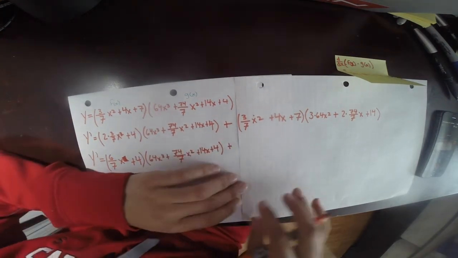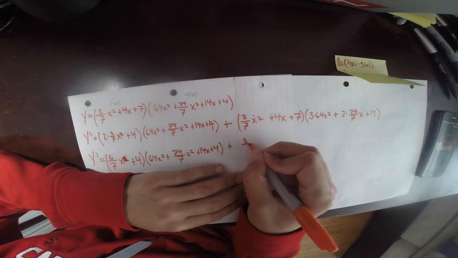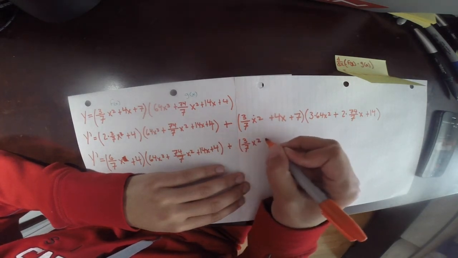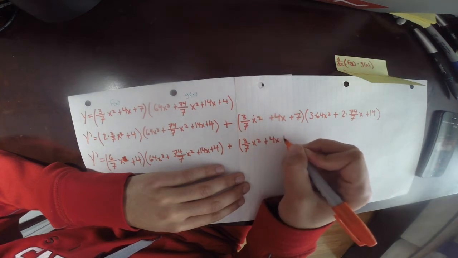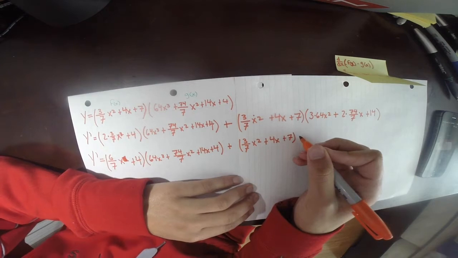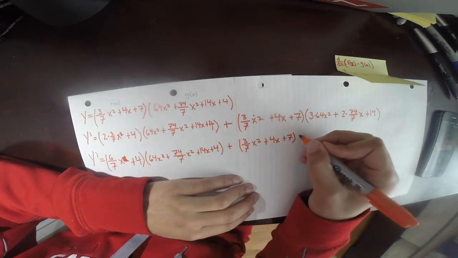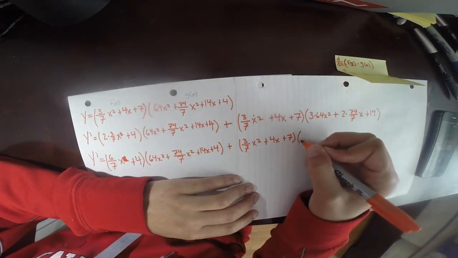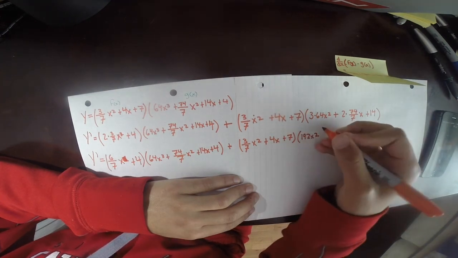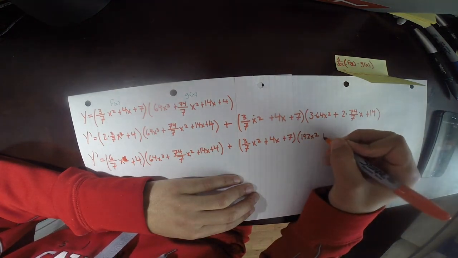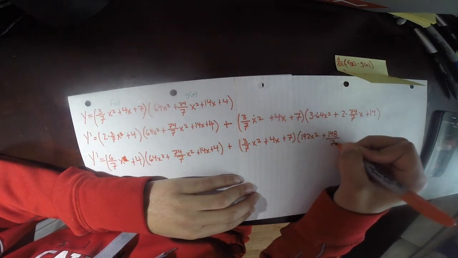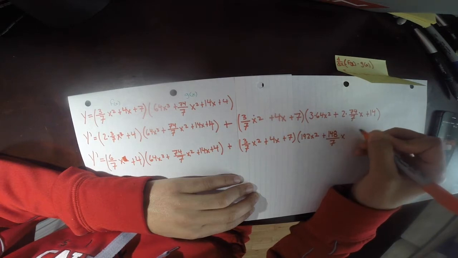Now you add it, keeping the original f of x on this side, times 4x plus 7. And then 3 times 64 I believe is 192, x squared plus 74 times 2 is 148, divided by 7, don't forget about that, x plus 14.